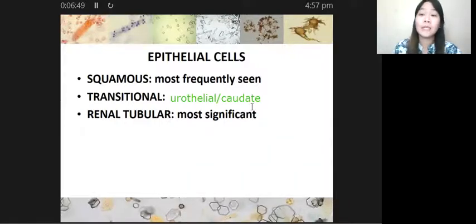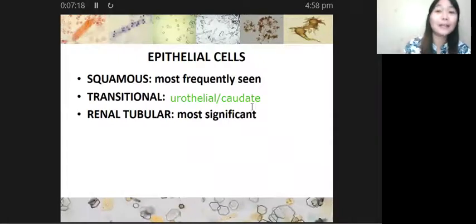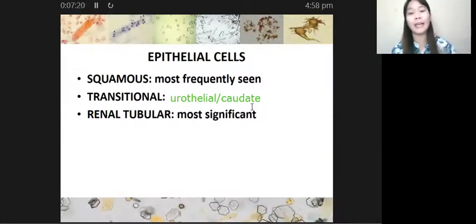Pero yun nga, sabi ni Strasinger, transitional cells are cells of the urinary bladder. So from that statement alone, masasabi natin na pag sinabi mong bladder cell, it actually refers to your transitional epithelial cell. Okay, so malay natin during your board exam, lumabas ulit yung tanong na yon, bladder cell. So later, i-elaborate ko pa yung bladder cell na yan.